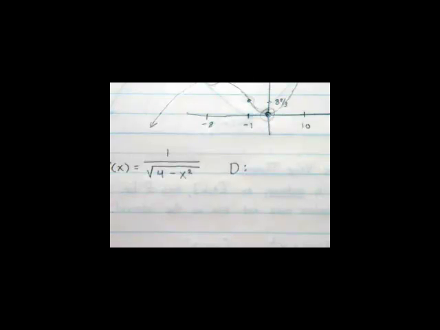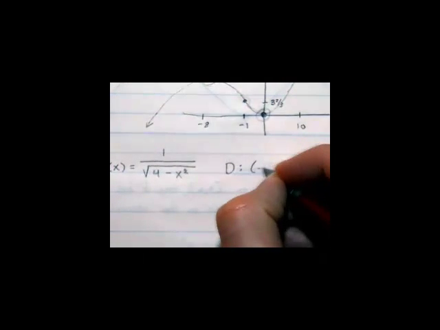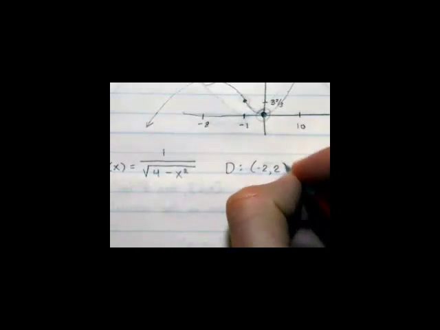Yep. So anything between negative 2 and 2 works. Now, as soon as you get bigger than 2 or less than negative 2, then you're having problems again, right? Because then you're taking the square root of a negative number by the time you're done. So our domain, not including the endpoints, is that.